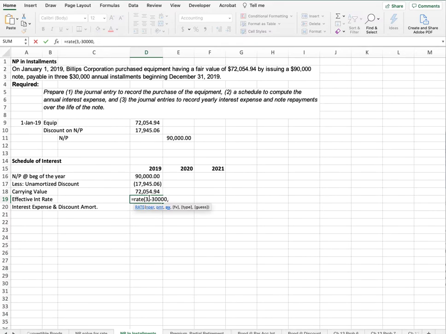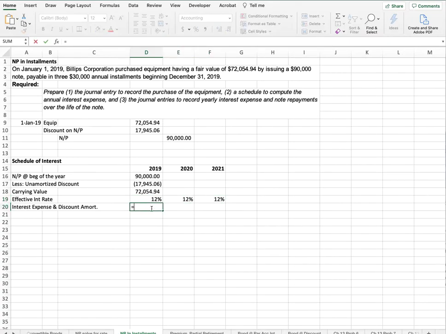And the present value is this $72,054.94. Close parentheses, and we get a rate of 12%. And I'm going to just make that an absolute cell reference because that's going to be true for every year.